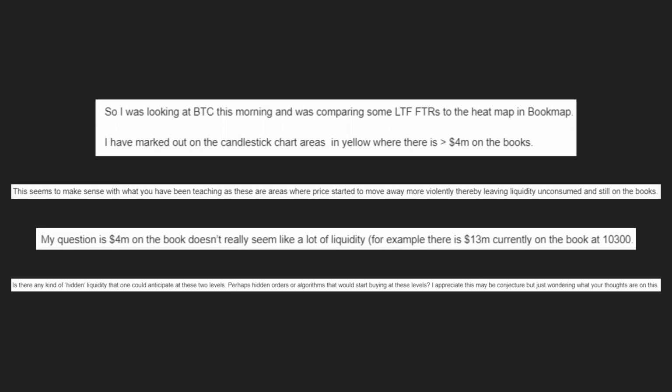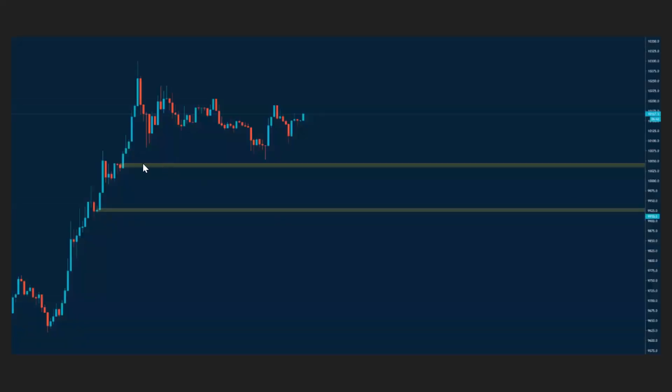And again, I answered this in an email, but just for the purposes of the group, I'll go over it again. So these are the levels you marked. Kind of low time frame FTRs, areas at which there's likely some residual liquidity as price ran up. Okay, you can see they were untested. 9925 and 10.4, something like that.